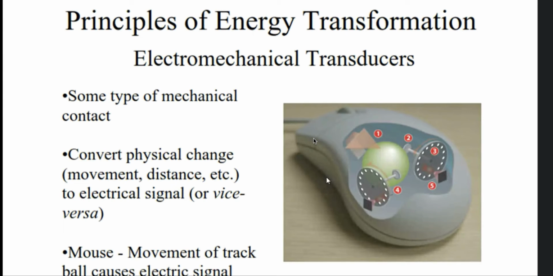An example of electromechanical transducers is the mouse. What happens is that movement of the trackball causes the electric signal. Inside there will be a ball.